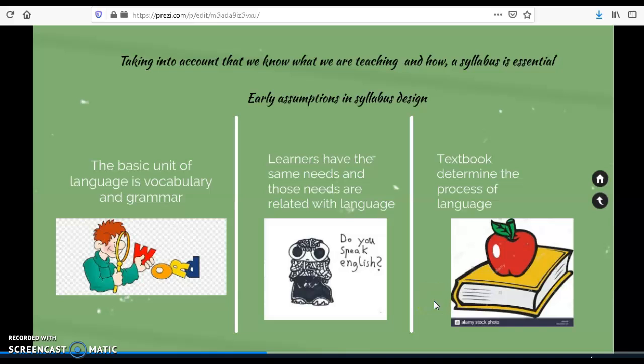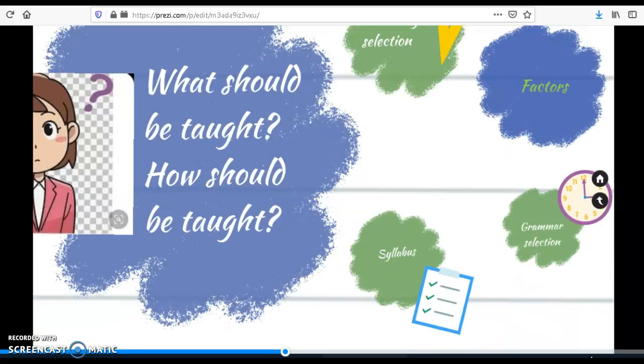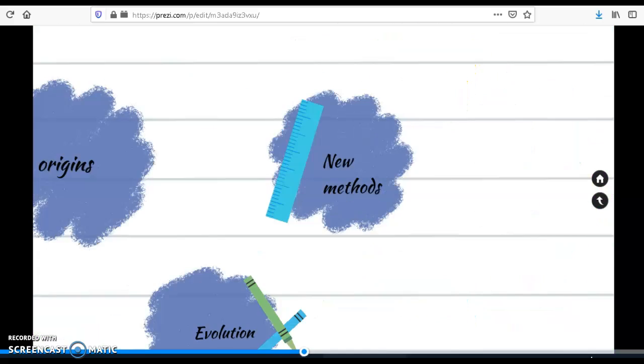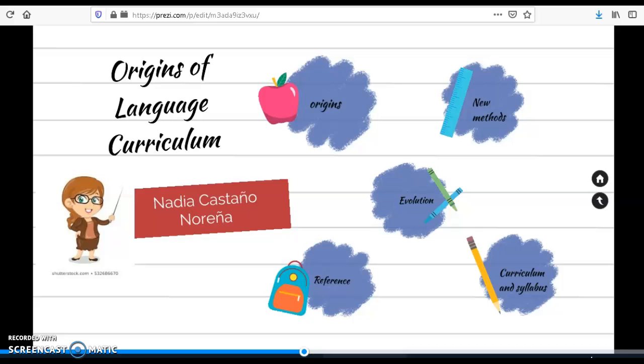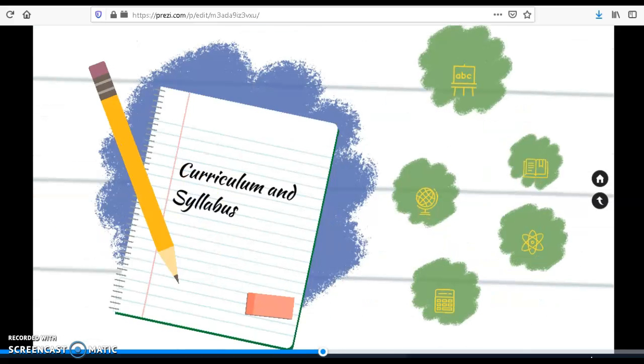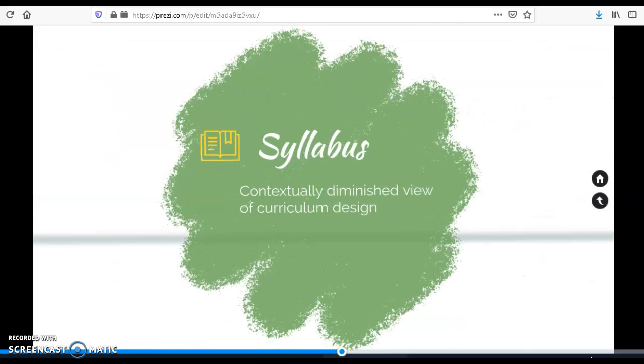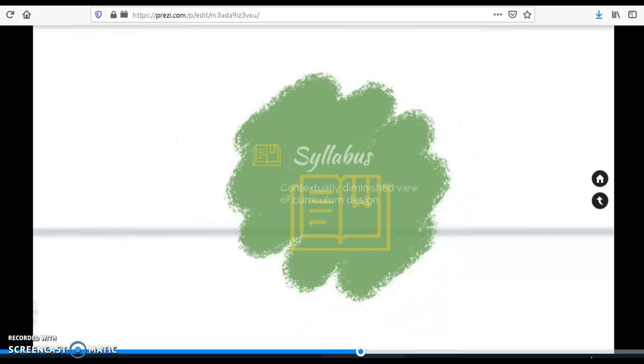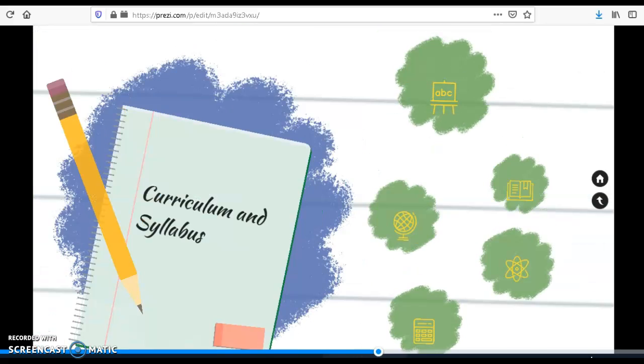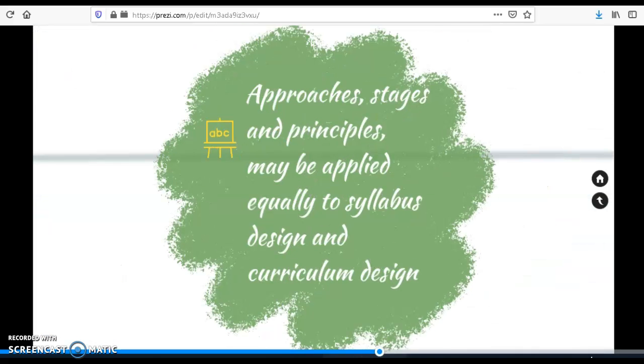But what is the difference between curriculum and syllabus? Syllabus is a contextually diminished view of curriculum design. Approach, stages, and principles may be applied equally to syllabus design and curriculum design.